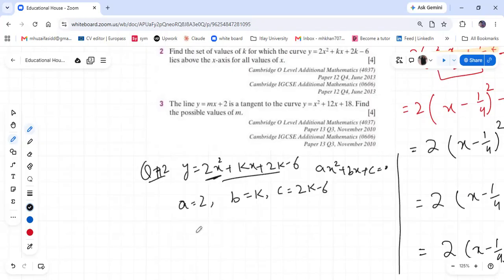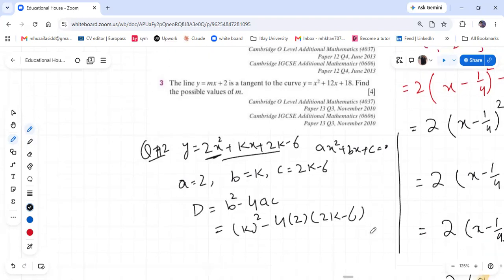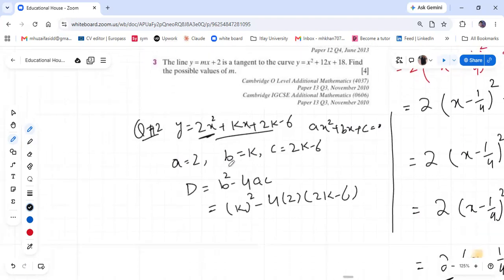So here this is our discriminant, D is equal to b square minus 4ac. So our b square is k square, minus 4ac, so 2k minus 6. Now we want to find the values of k.